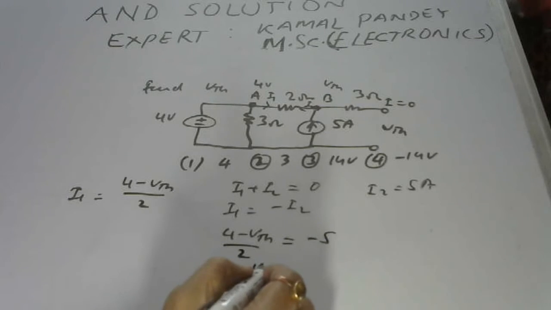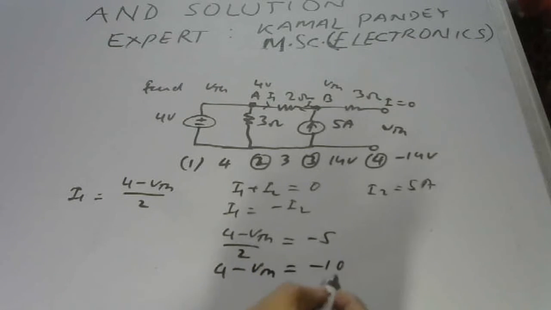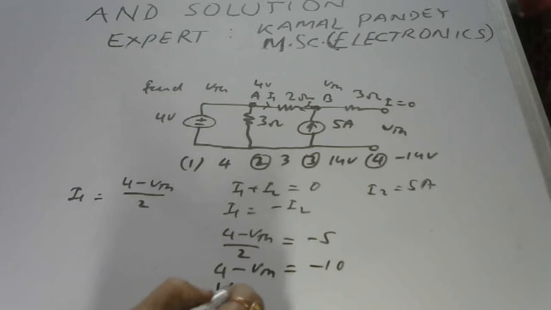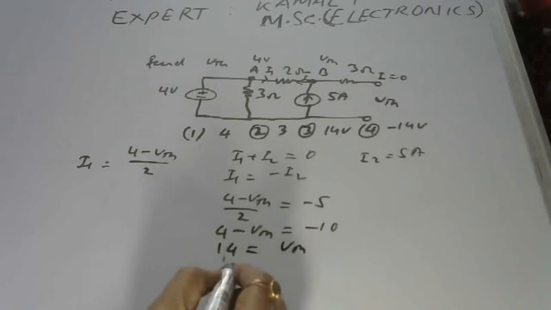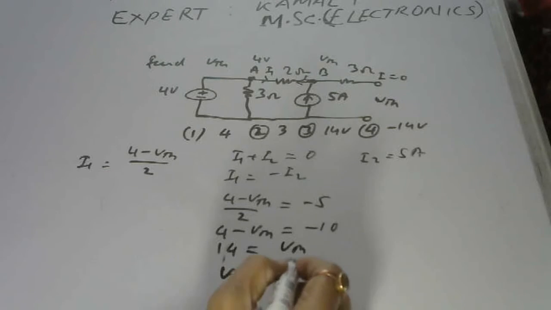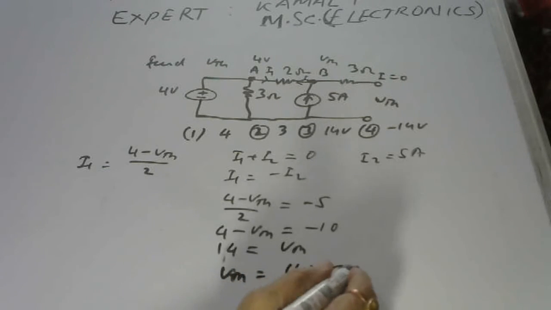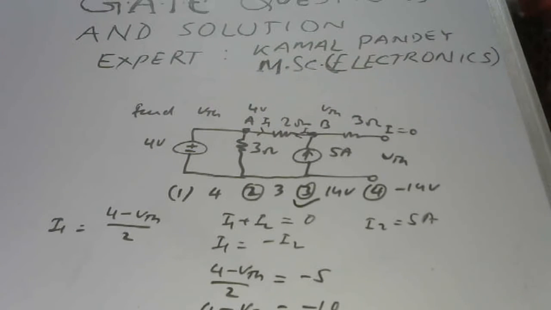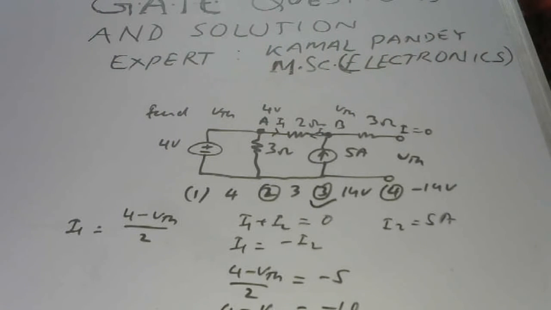So 4 minus VTH is equal to minus 10, this gives 14 equal to VTH. So the value of VTH is equal to 14 volt. So option number 3 is the correct solution of the question.